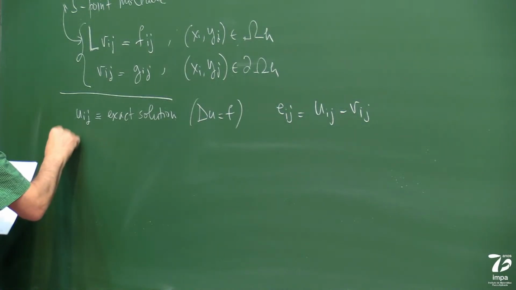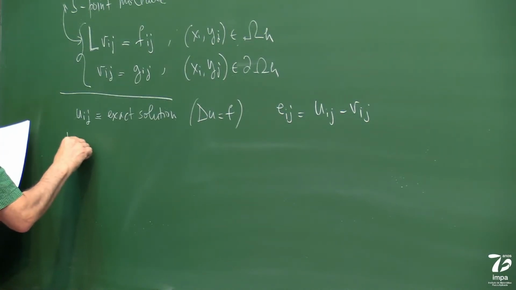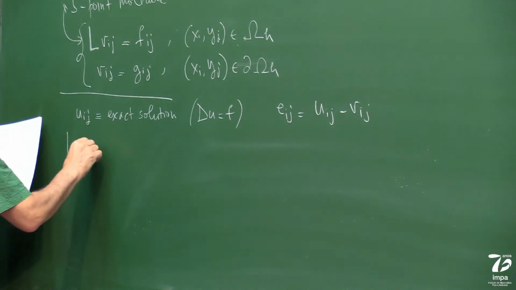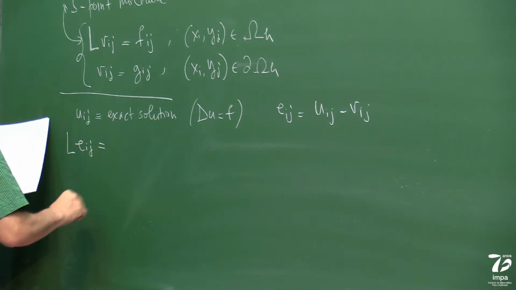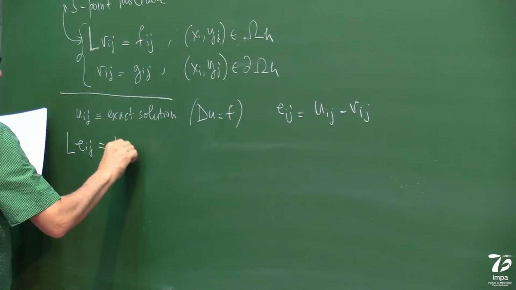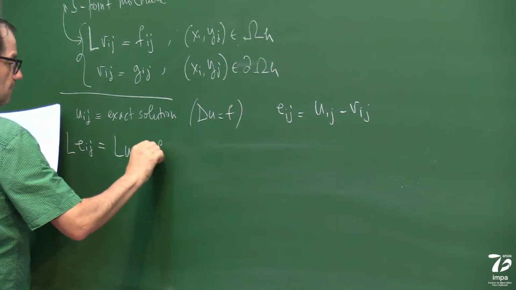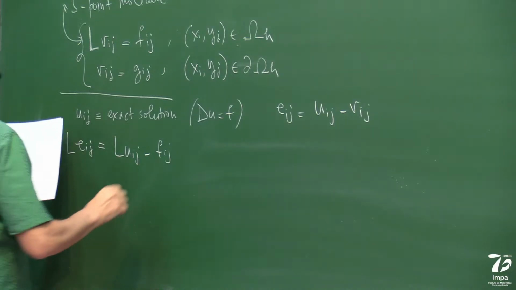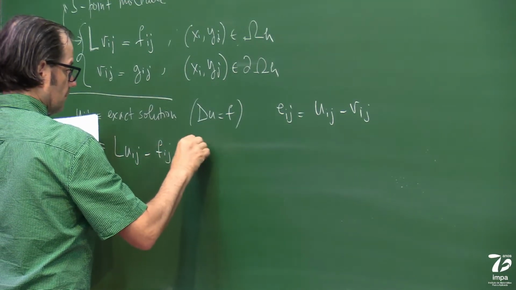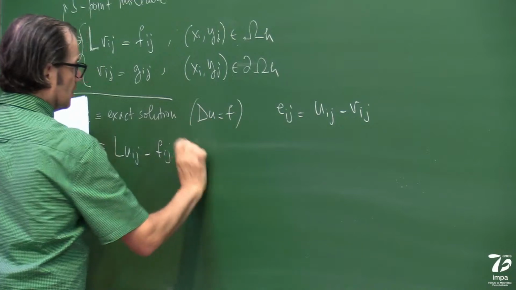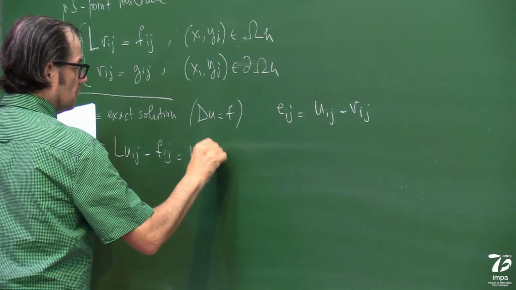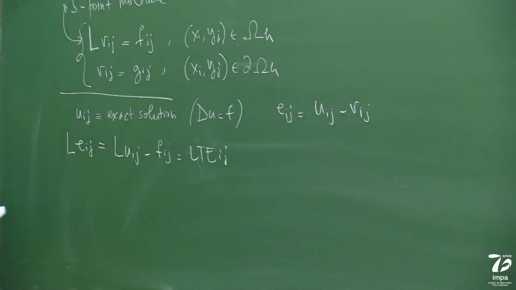Okay, and we're talking about the local truncation error. So by linearity we have this. Local truncation error, T_ij. We wrote the error. It's the typical error for Taylor polynomials.